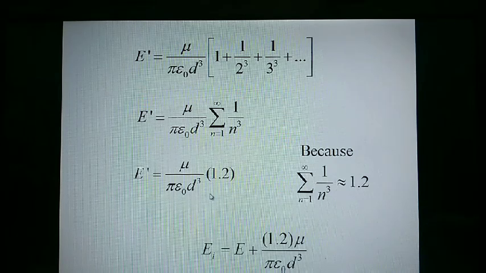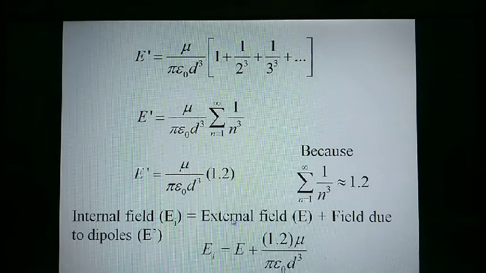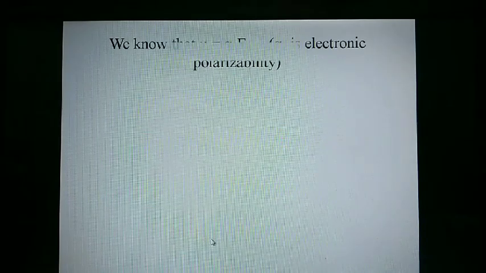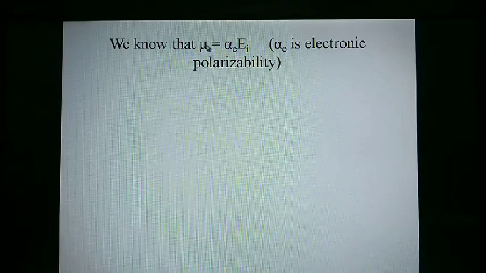Now, as I defined earlier, the internal field is the sum of the external field and the field due to dipoles. The external field is taken as capital E, and now the field due to the dipoles is determined. The sum of the two fields gives you the internal field. In the previous lecture I had talked about the dipole moment and the polarizability.